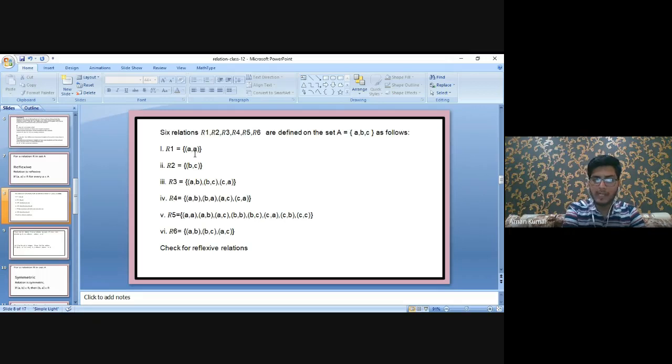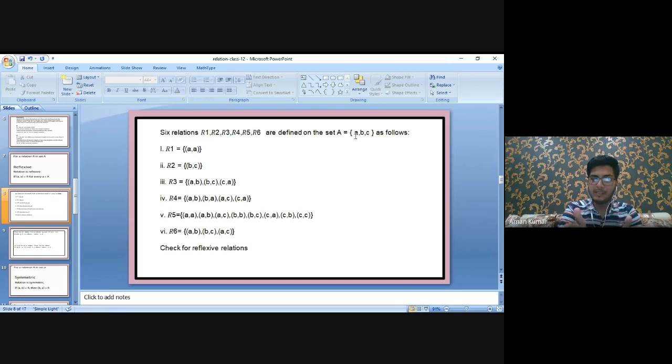But we know that for a reflexive relation, all the elements must be related to themselves. Other elements, no problem. If any other elements are related, that is not our problem.